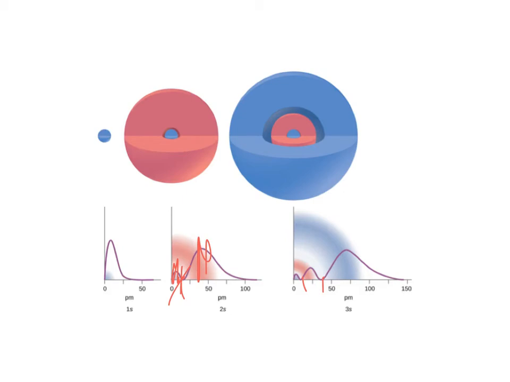So how do we deal with that? We have something called tunneling, and we use that to explain that. But it just shows you the overall size of these. And going from 1s to 2s to 3s, obviously these are increasing in size.